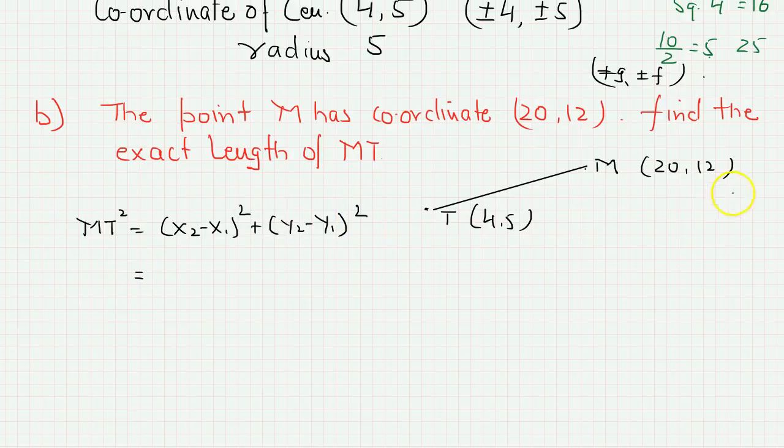So that is x2, say 20 minus 4 square plus y2, which is 12 minus 5 square. That is the MT square.